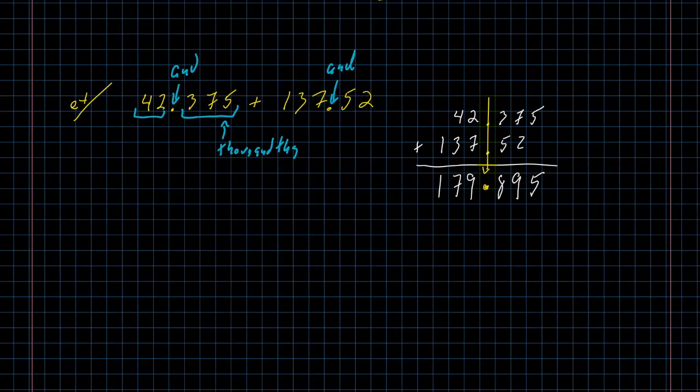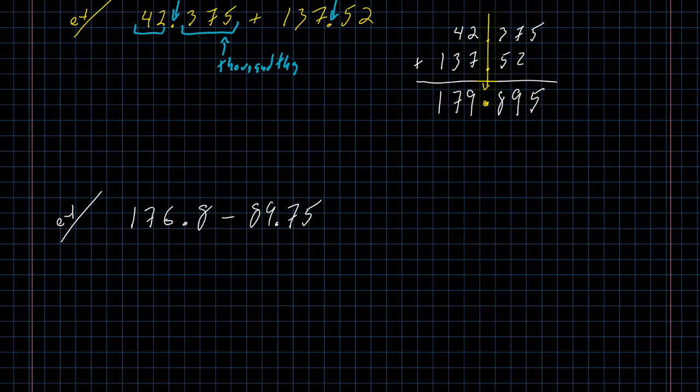And subtraction works in exactly the same way. 176.8 minus 89.75. 176 and 8 tenths minus 89 and 75 hundredths.